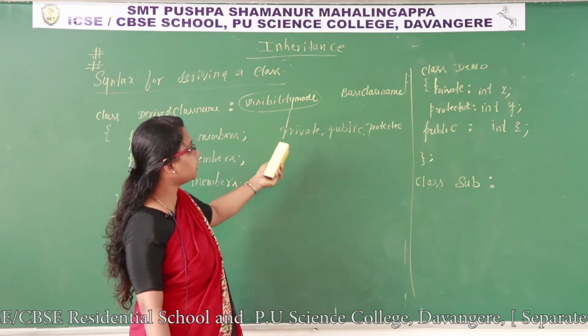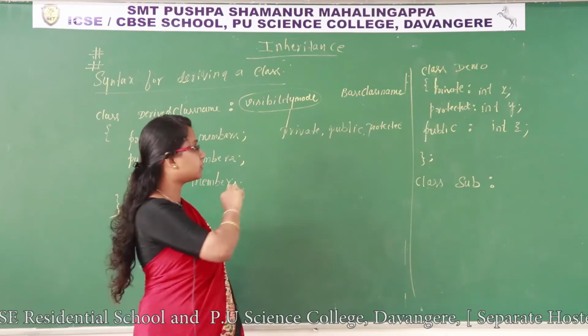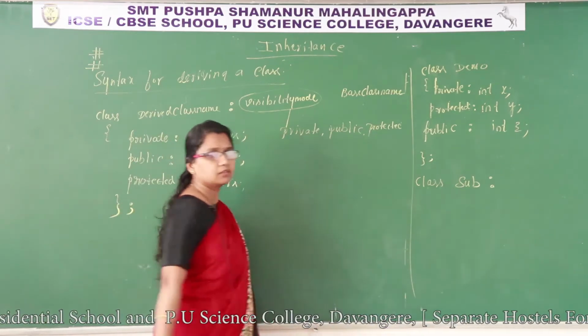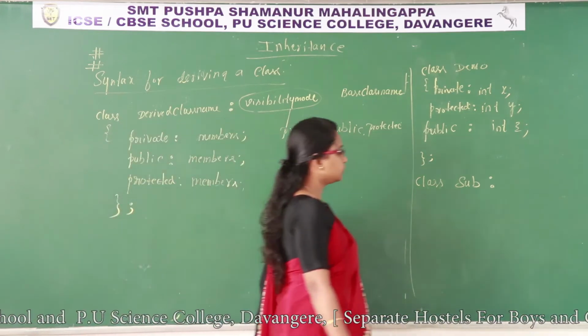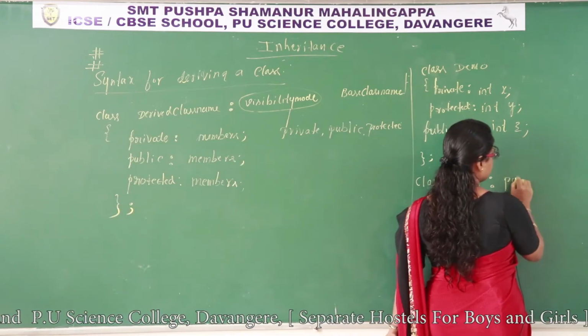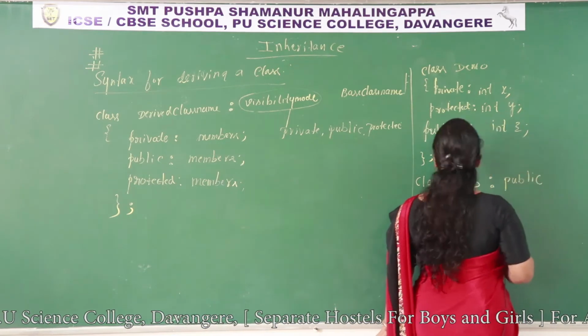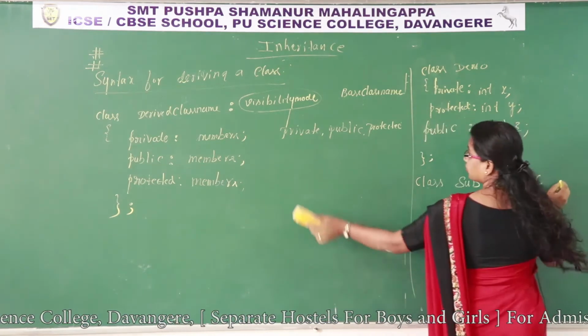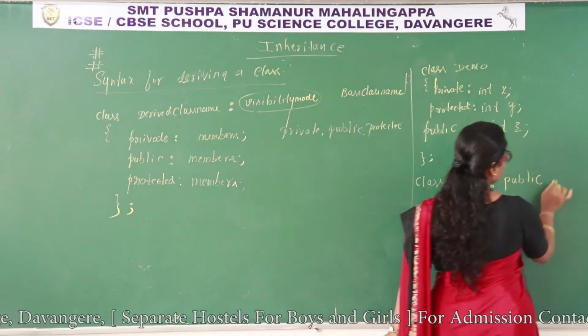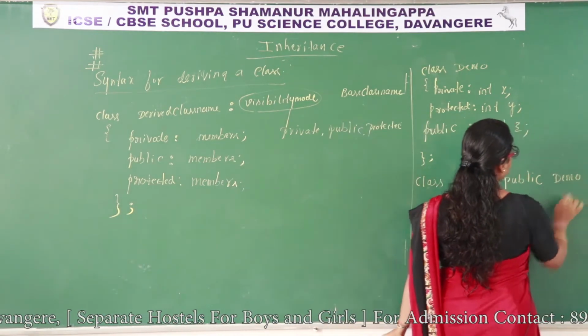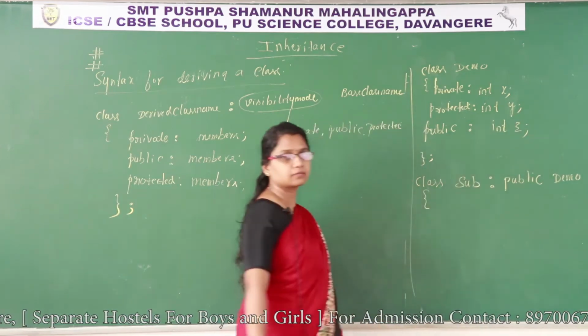I told you there are three: private, public and protected. Among these, I'll consider public mode now. After that, the base class name. The base class name here is demo.